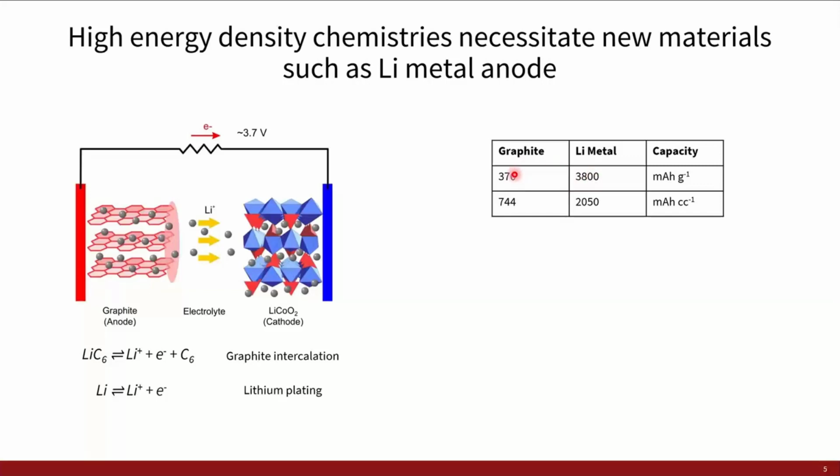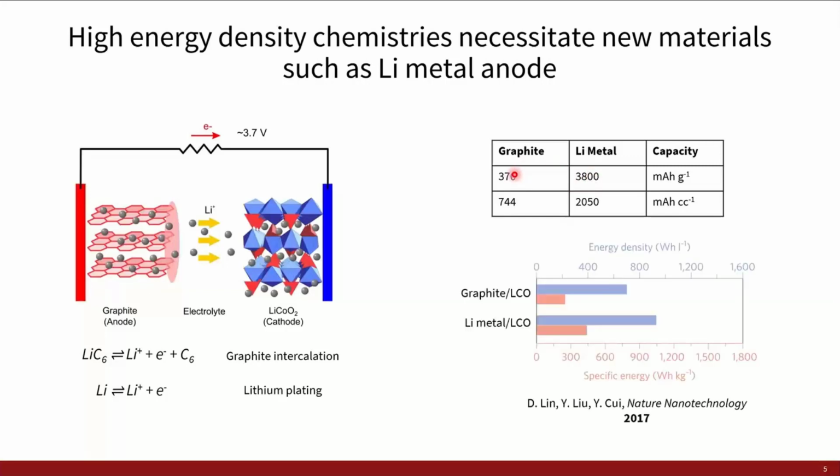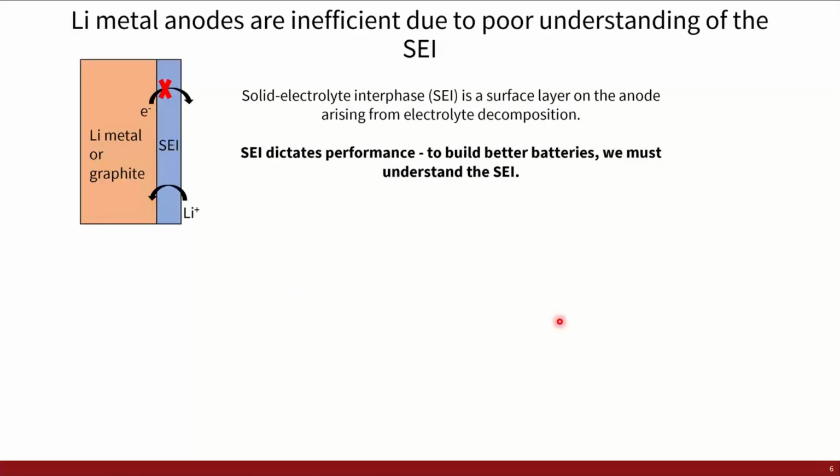That's a massive energy density improvement once we translate that to the full cell, where we can achieve close to 500 watt-hours per kilogram, whereas a standard lithium-ion battery is about 300 watt-hours per kilogram. So this is obviously a very attractive technology.